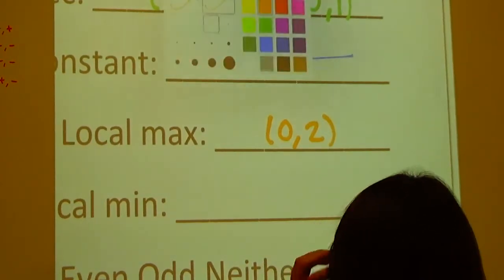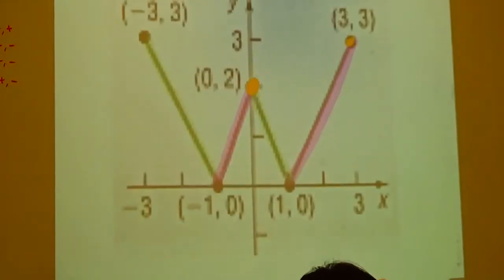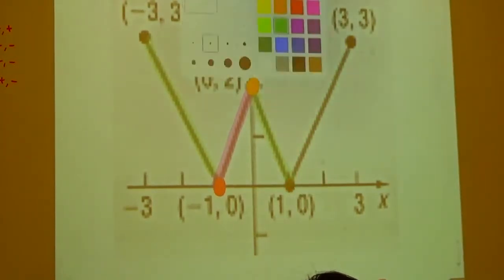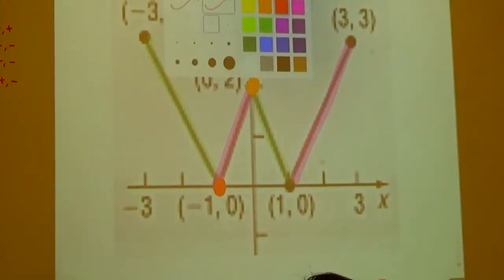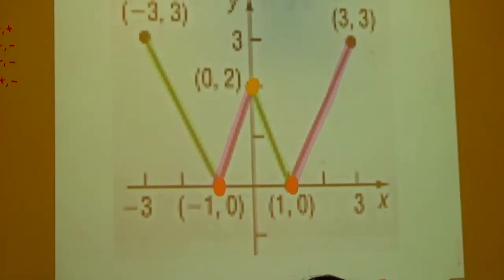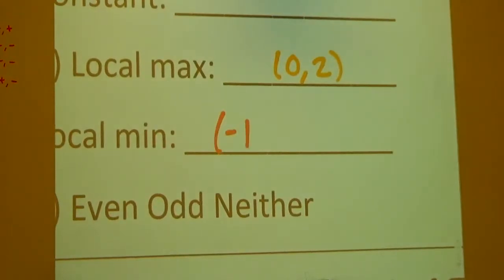Then what about minimums? Negative 1, 0. Good. Negative 1, 0, 1, 0.